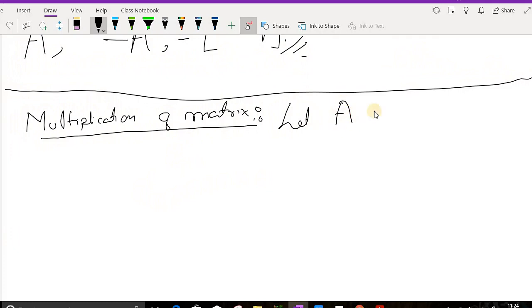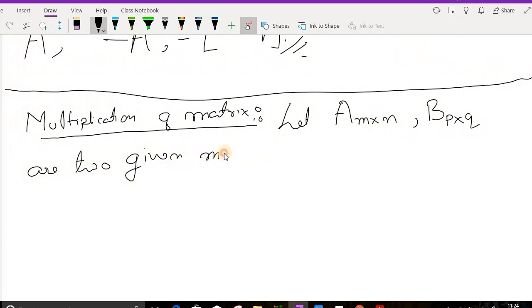Let A be an m by n matrix and B be a p by q matrix, two given matrices.